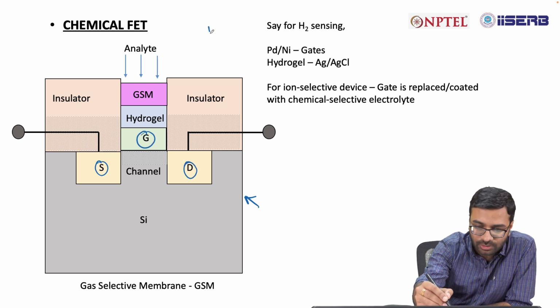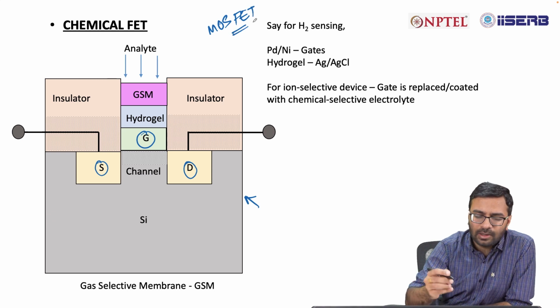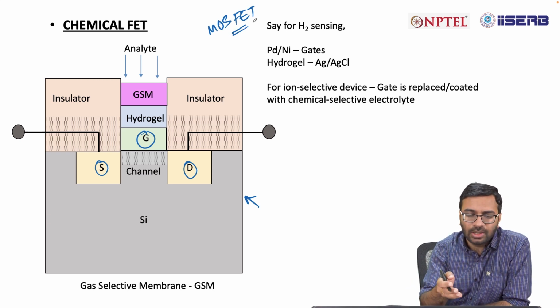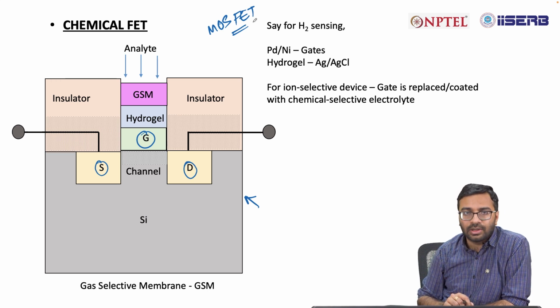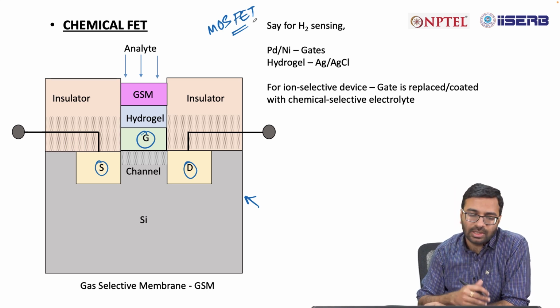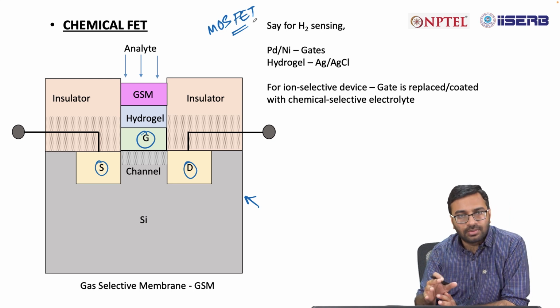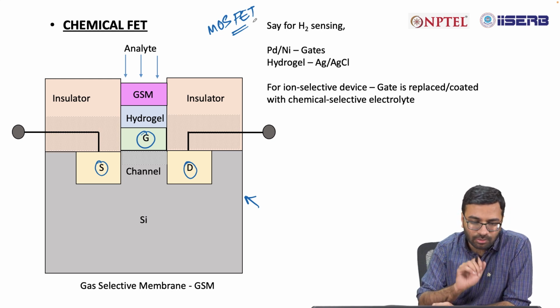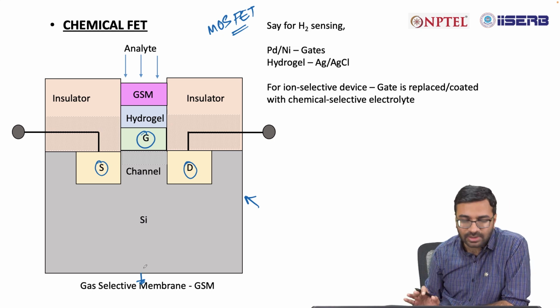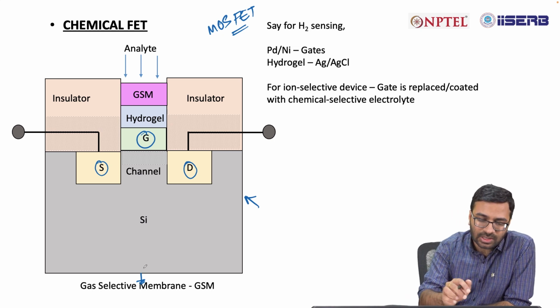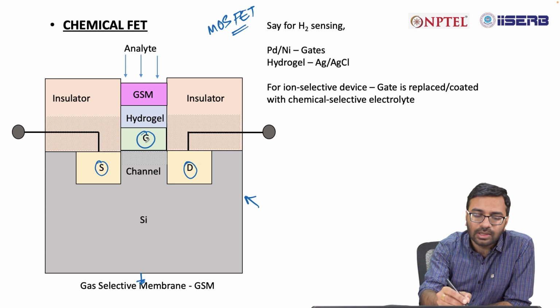It's actually a MOSFET structure, and you have probably already studied FET and MOSFET in your electronic device courses. Even if you have not studied, I am just giving you an idea of how it works. If you have a source, a drain and a gate, and then there is a bulk electrode which usually we ground, here we are not considering the bulk electrode. So, just consider you have a source electrode, drain electrode and a gate electrode.